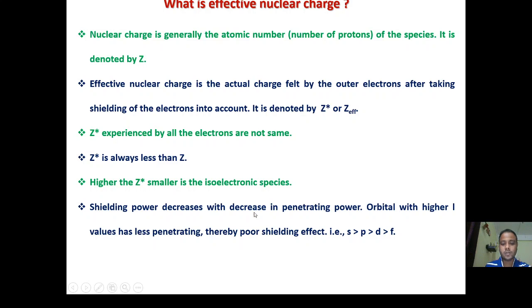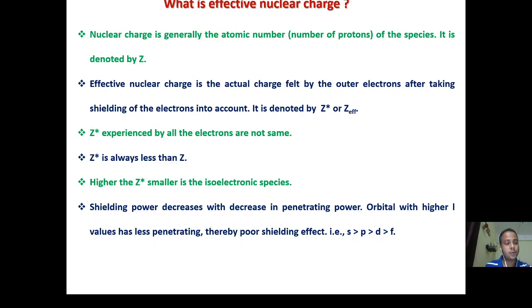Shielding power decreases with decrease in the penetrating power. What is penetrating power? Penetrating power is basically how close an orbital can approach the nucleus. Generally, s orbital is closest to the nucleus, so s orbital has higher penetrating power than p, than d, than f. Now, if penetrating power is more, then its shielding power is more.